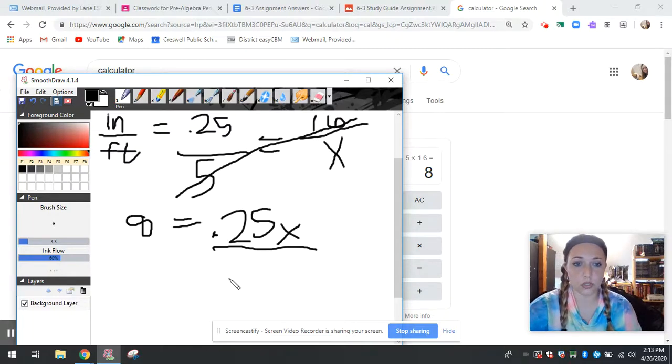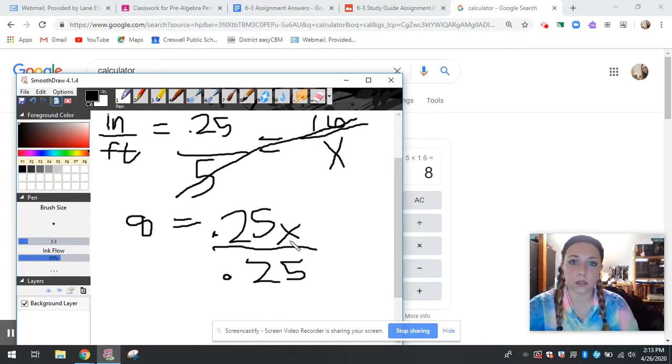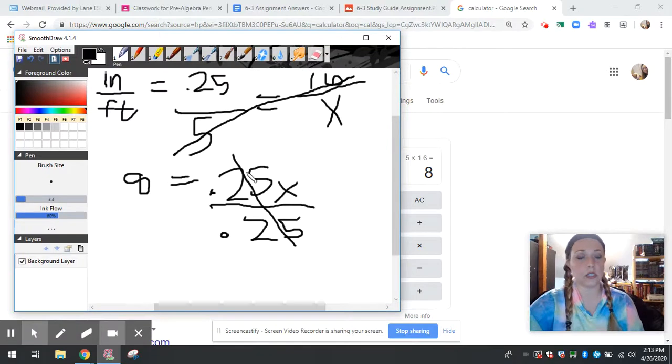So I'm going to divide 0.25 times x by 0.25. Now what this does is it gets me x by itself because 0.25 divided by 0.25 is 1. And 1 times x is x. So what you're really doing is canceling that out on that side. So what's left on this side is x.